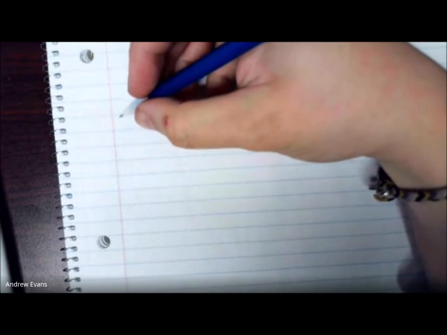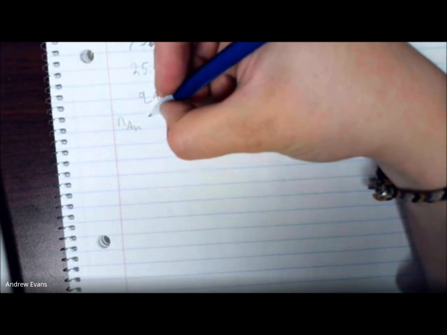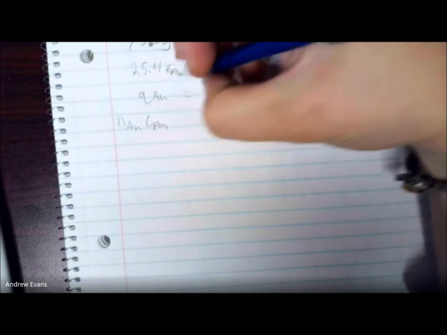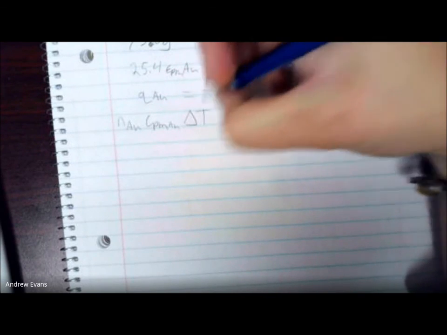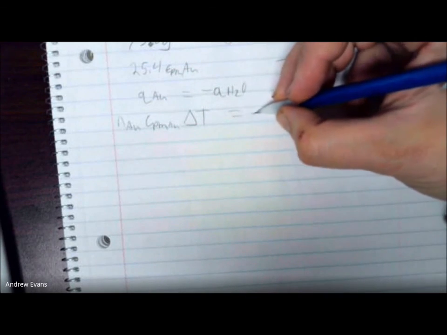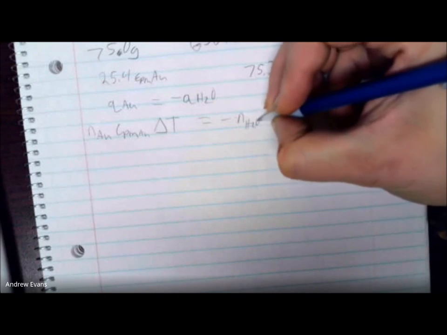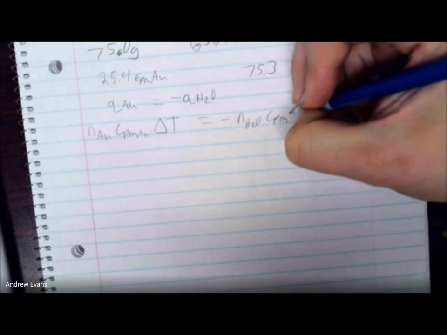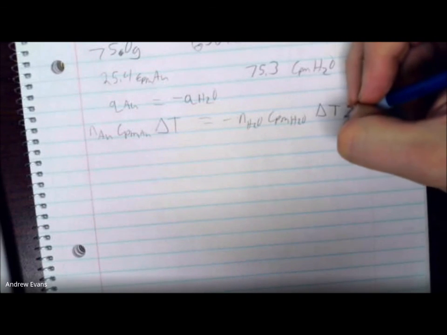Q of the gold is going to be moles of gold times C sub P sub M of gold times delta T, with negative moles of water, C sub P sub M of water, delta T of water.